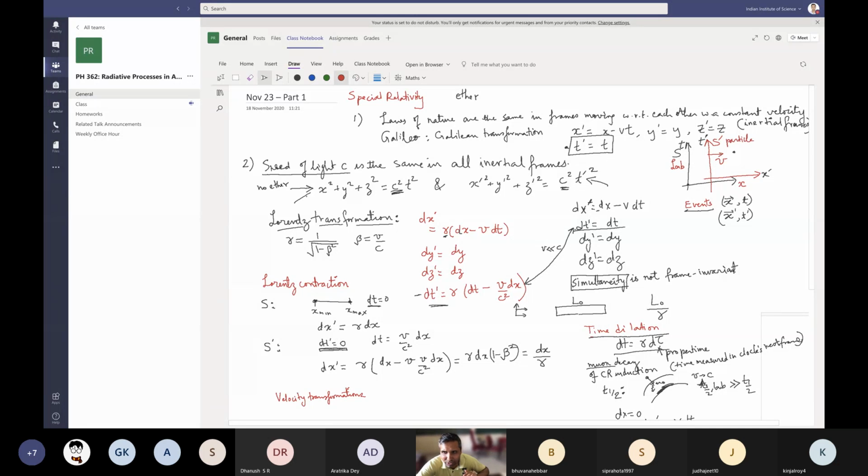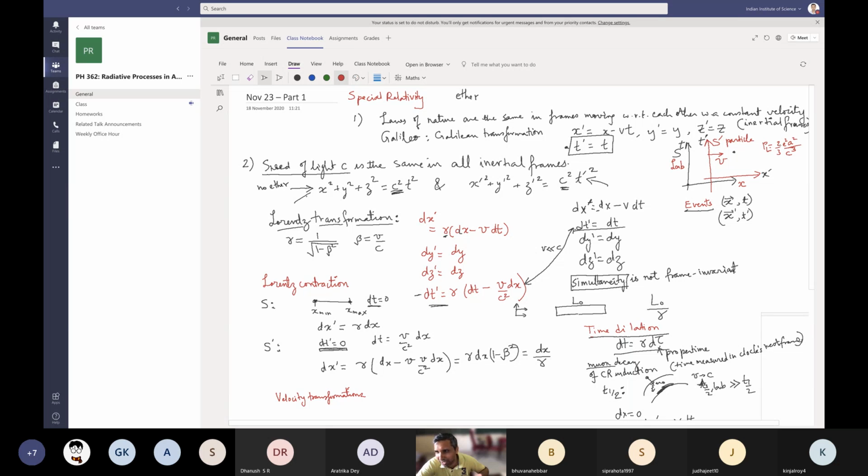For example, when we do synchrotron, we will calculate things in the particle rest frame. For example, our Lorentz formula for power, 2/3 e squared a squared by c cubed, is calculated in the particle rest frame.